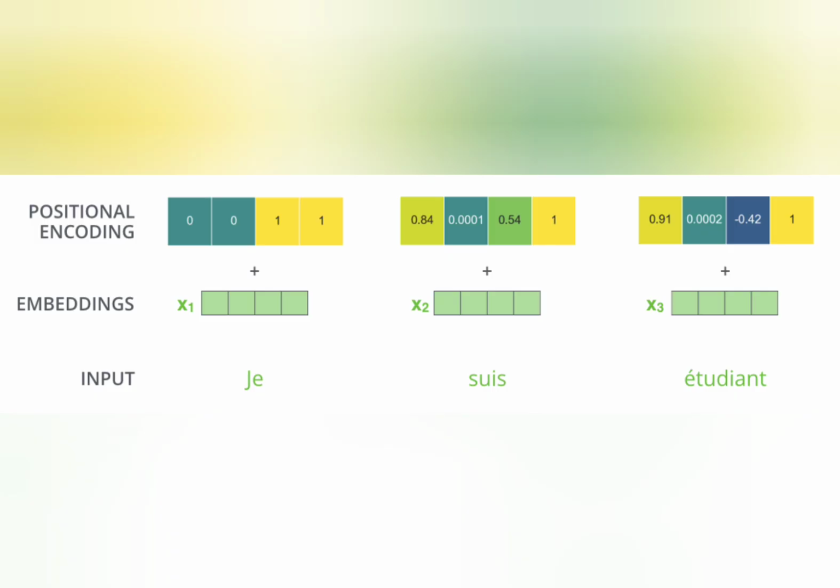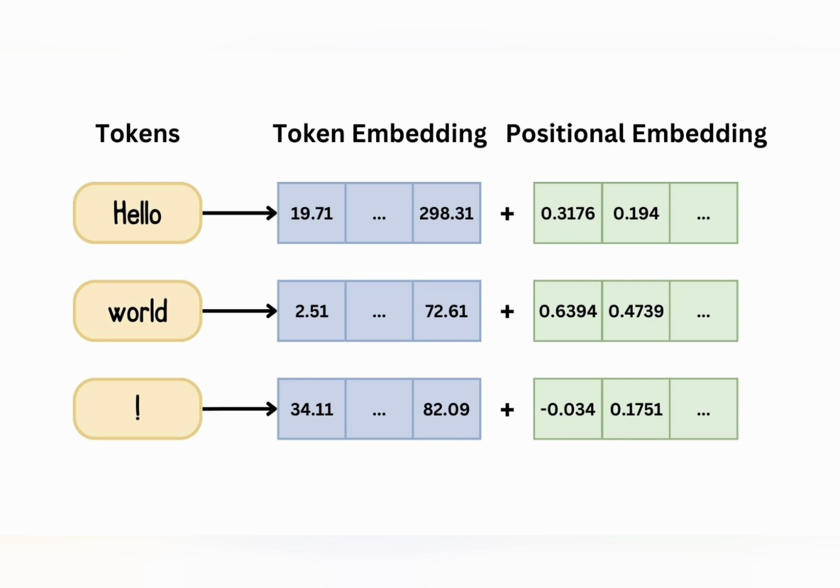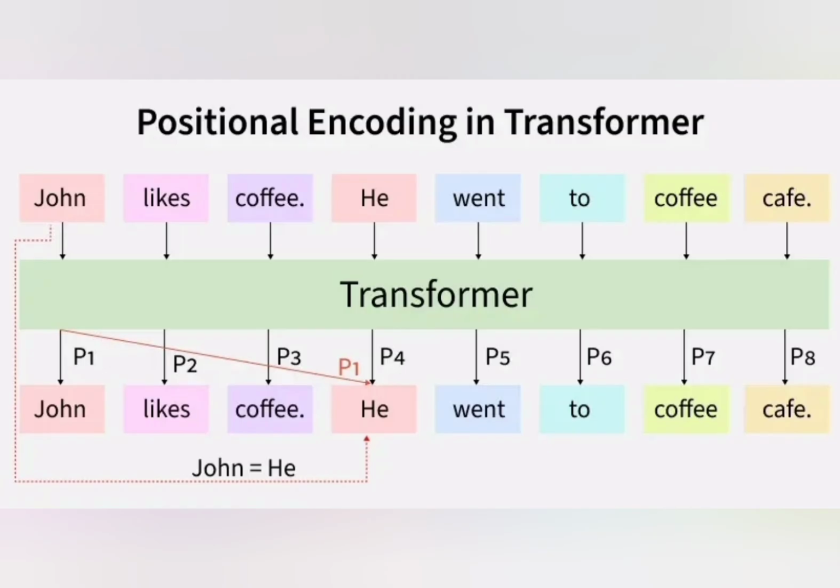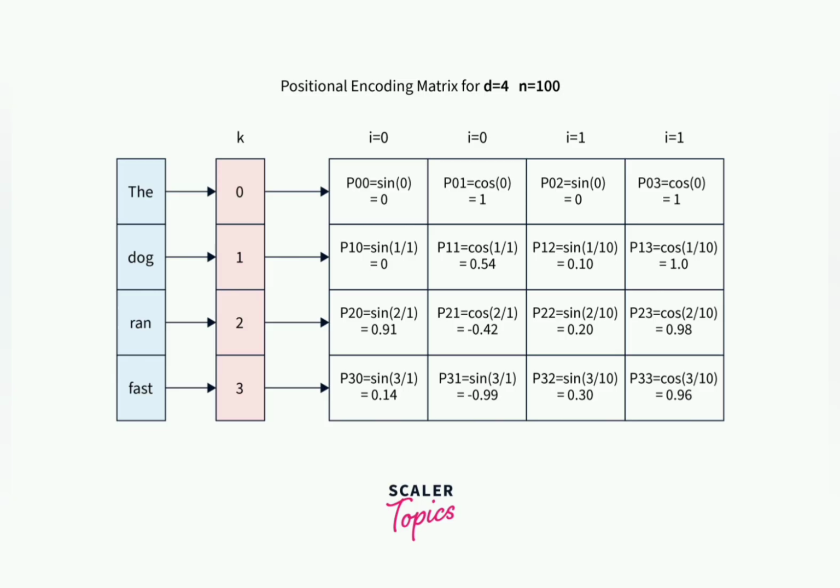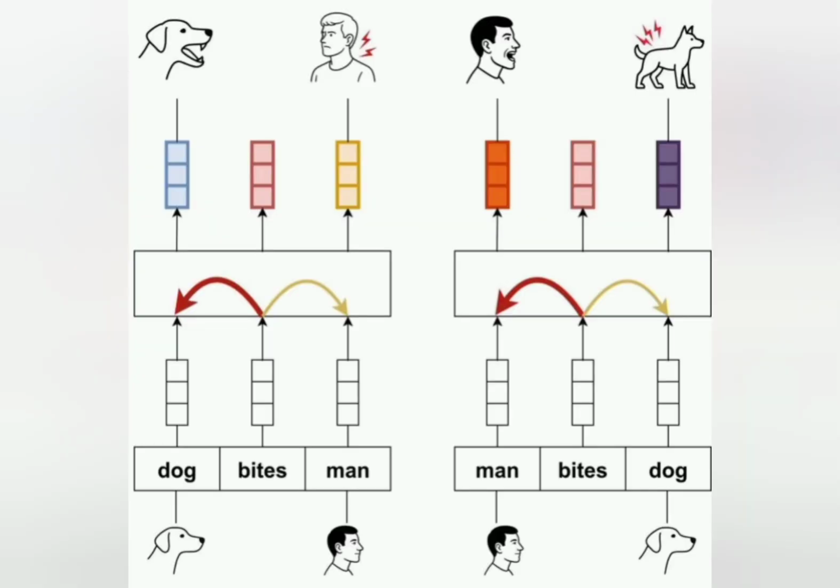Next is positional encoding. What is positional encoding? You have to remember the order, right? Machines don't know the word order naturally. So we add extra signals to show where each word sits in a sentence, whether it's at the beginning, in the middle or at the end. Why do we need positional encoding? For example, "dog bites man" and "man bites dog".